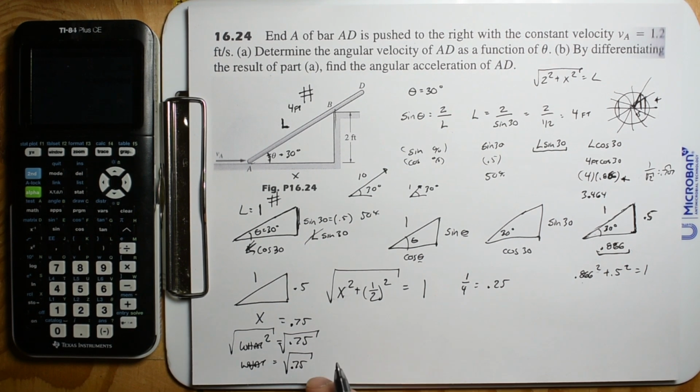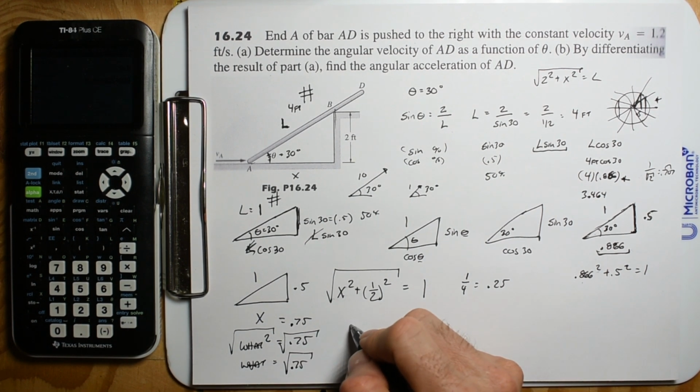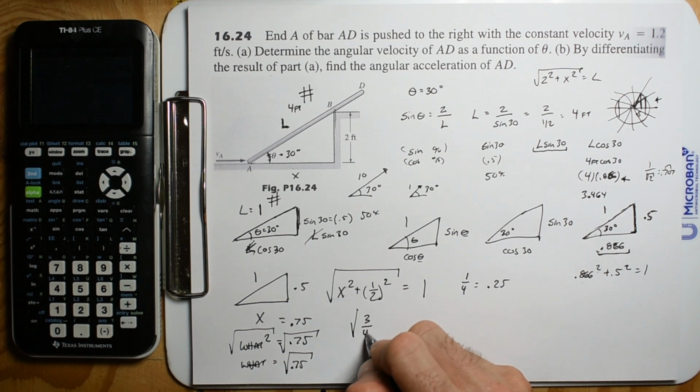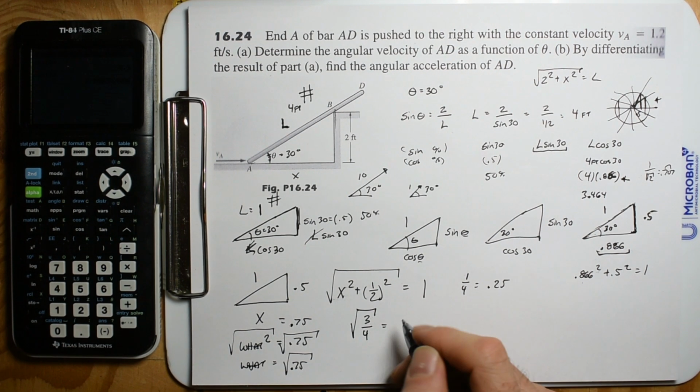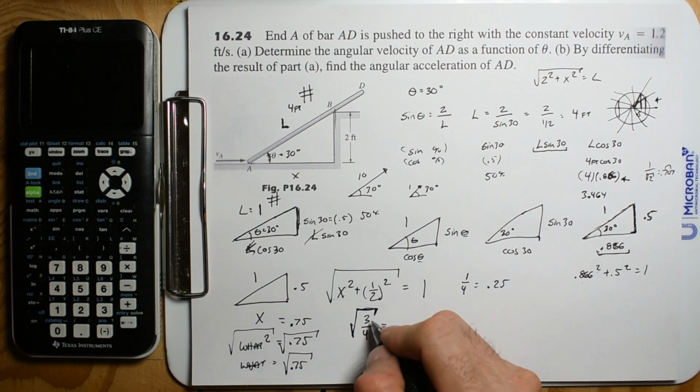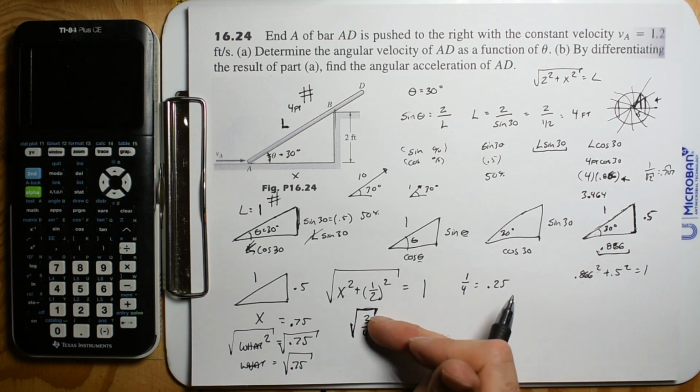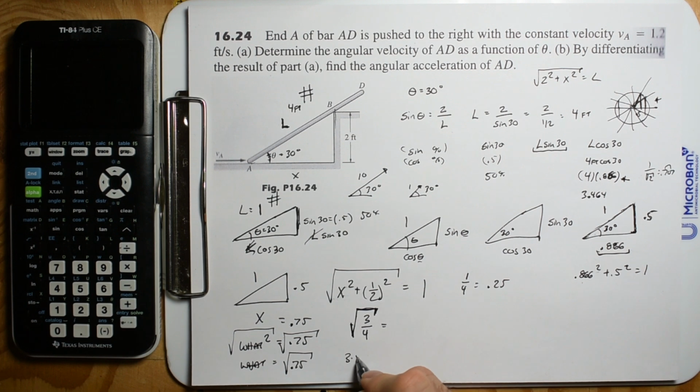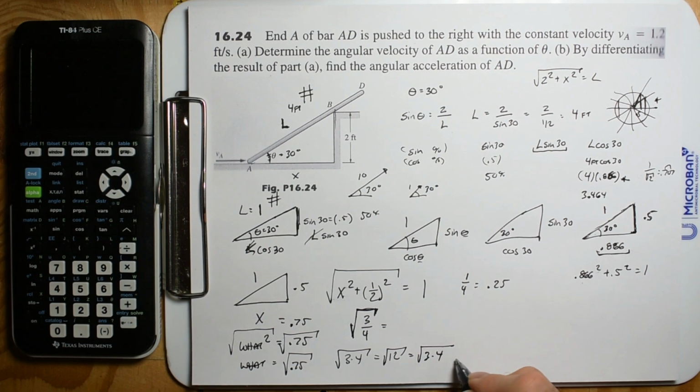Now, it doesn't seem like you can do much with this, but turn it into a fraction, and you got the square root of 3/4. And just from the math perspective, sometimes you kind of lose your brain because you haven't done this in a while. Anytime you have a product, whether it's 3 times 4, the square root of that would be the square root of 12, and you would take the square root of 3 times the square root of 4, which is square root of 3 times 2.